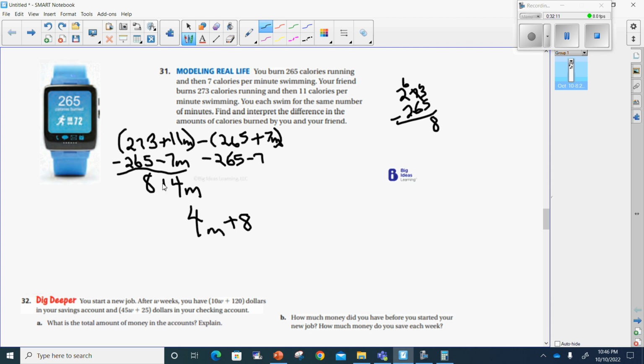Okay? So 4m plus 8, more calories. Your friend is faster. Your friend burns 4m plus 8 more than you.